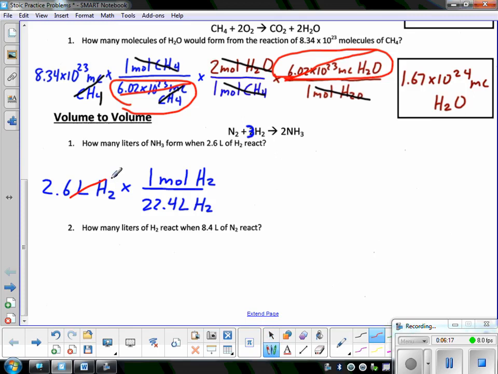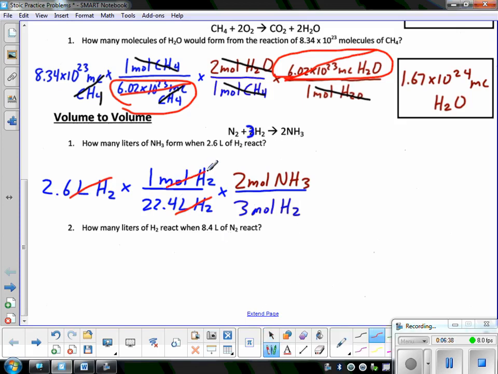So just like before, liters of hydrogen are here, so liters of hydrogen have to go on the bottom to cancel out. Now we're in moles of hydrogen. Using the mole-to-mole ratio from the equation, for every 3 moles of H2, 2 moles of NH3 are produced.